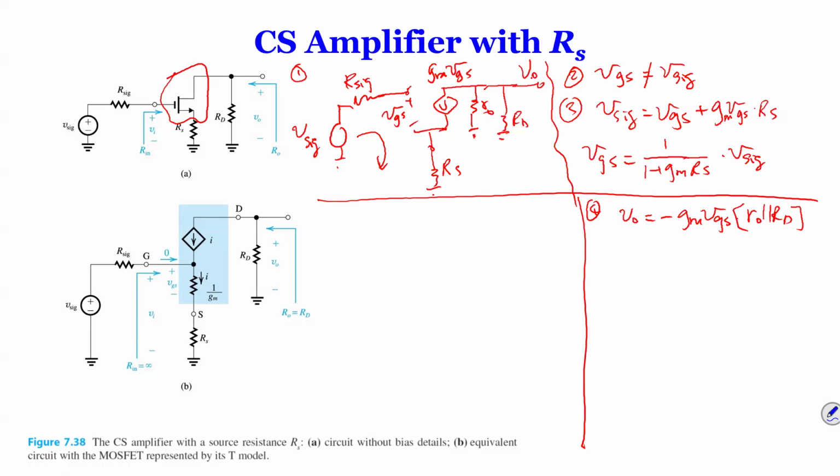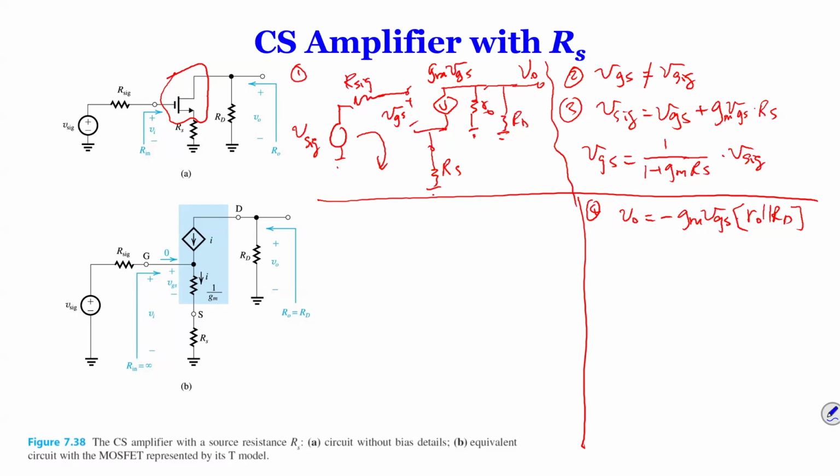VO is the current multiplied by the two resistances in parallel. So you might say, oh, what happens with RS? Well, it doesn't matter, because RS is ground on the outside. VO is really just from ground to VO. So from ground to VO, you have current flowing up and then flowing down on the other side, right? So VO is minus the current multiplied by RO in parallel with RD.